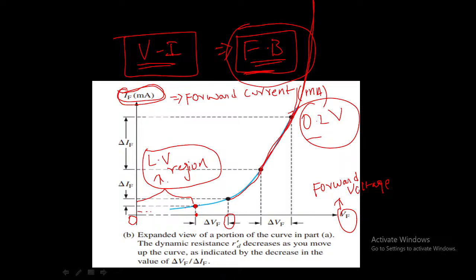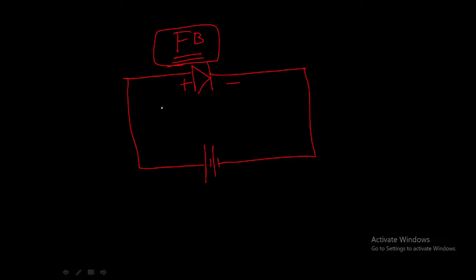And at a certain point, even a small change in the voltage will cause a huge change in the current value. That is the VI characteristics of a forward bias PN junction diode. Now let us see what is meant by dynamic resistance.